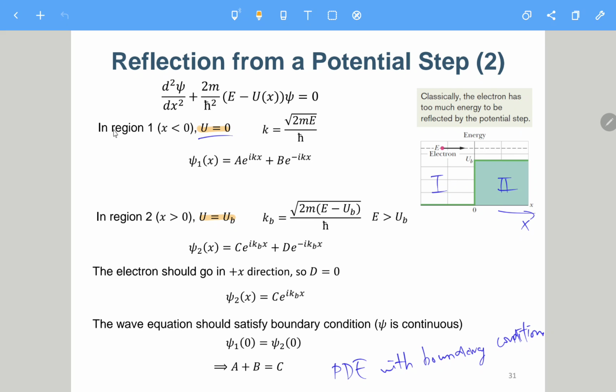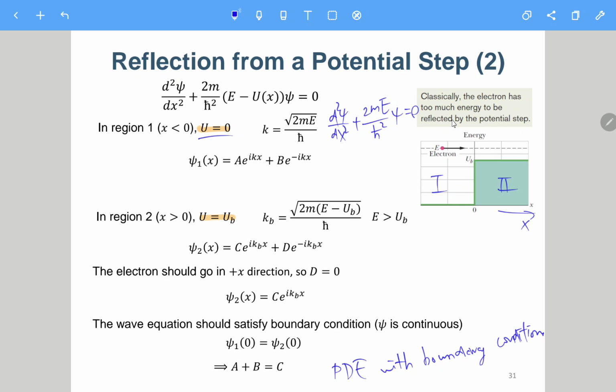When u equals 0, it is simplified like d2 phi dx2 plus 2me over h bar square times phi equals 0, because u is 0, so we only have 2m times E minus 0, so this is E. You should be able to solve this second order constant coefficient ODE.